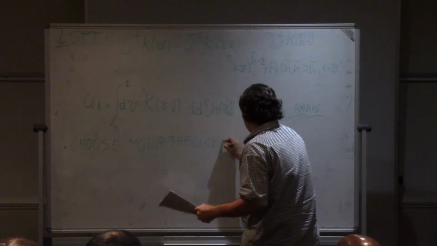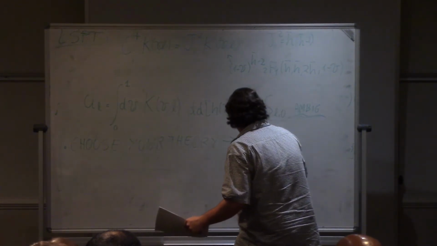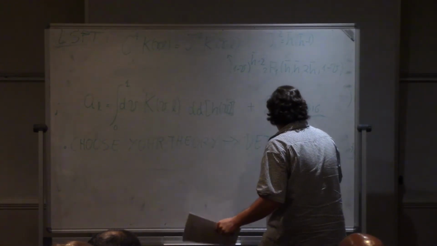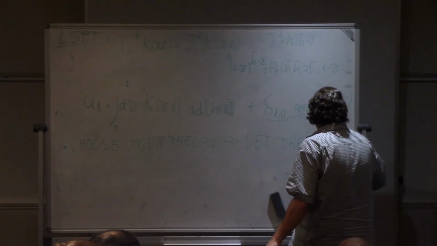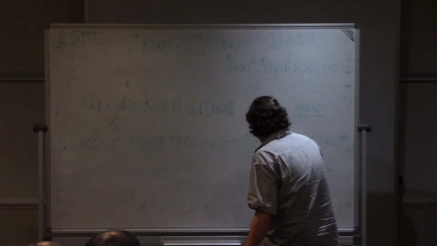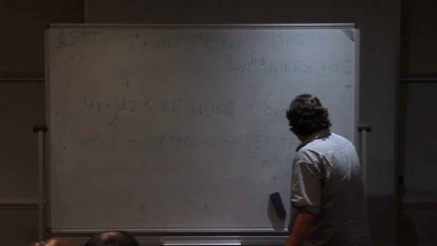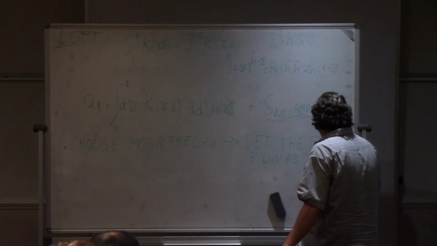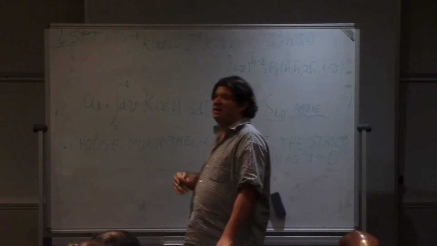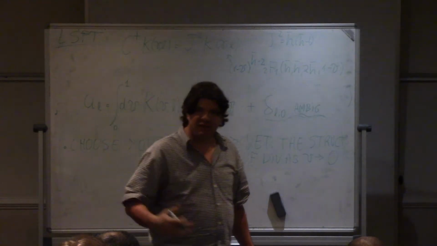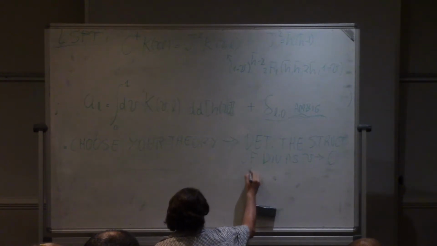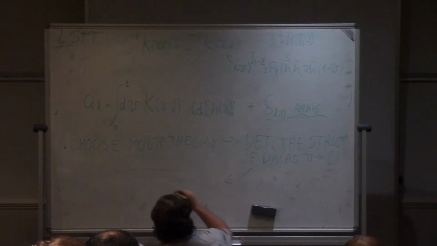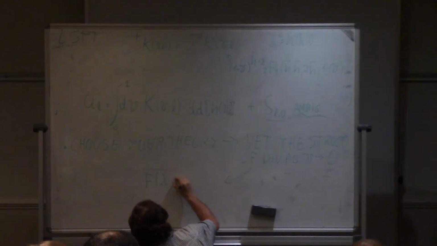Then, for that, determine the structure of divergences as v goes to 0, for which we have seen that crossing symmetry, the existence of the identity operator, etc., are very useful. And then use either large spin perturbation theory or the equivalent inversion formula to fix the CFT data.